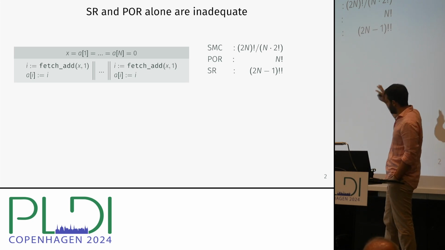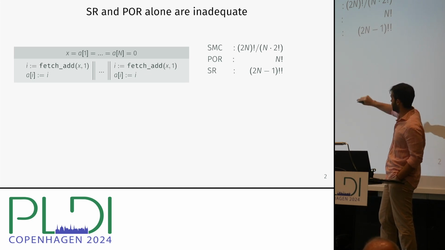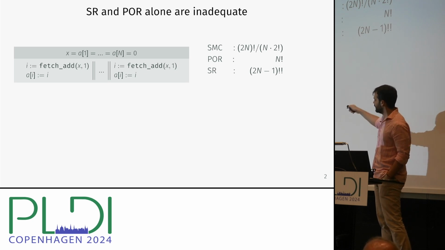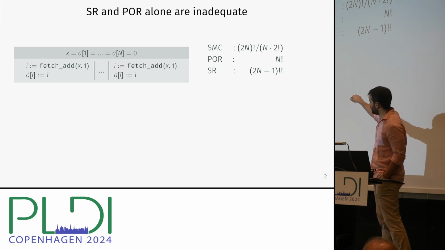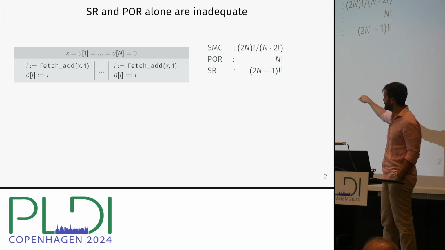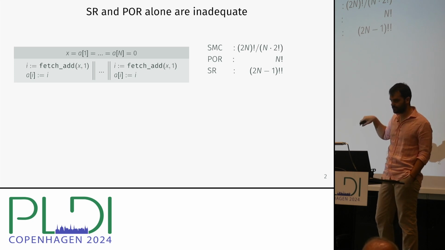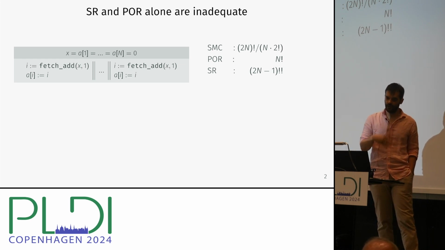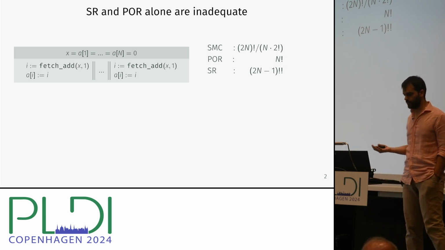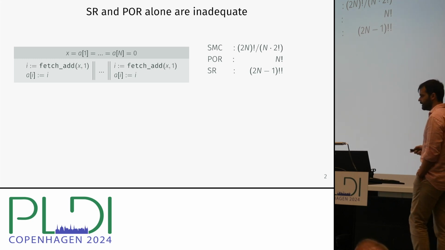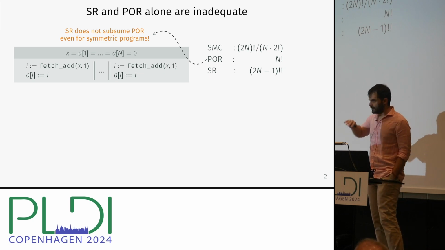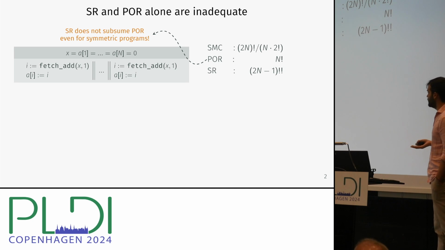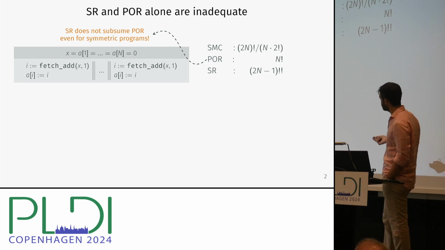From that point onwards, in this context of stateless model checking, symmetry reduction is of no use, and it will enumerate not only the orderings among the accesses to A, but also the orderings among the accesses to A and the fetch and adds. So in fact, the number that we get there is a double factorial of odd numbers, which is even larger than what partial order reduction alone will enumerate. So my point here is that symmetry reduction does not subsume partial order reduction, even if the program under test is symmetric.